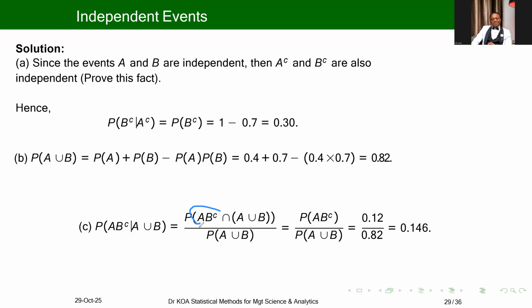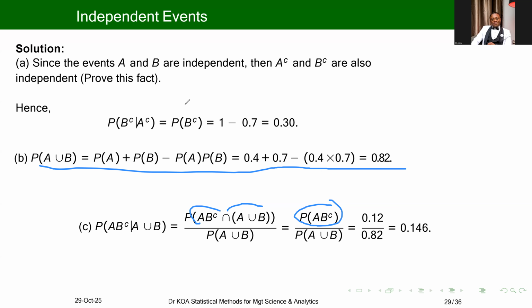Whatever is here is already in there, and therefore the whole thing boils down to this numerator, which is the A B complement. As for A union B, we already know it from here to be 82%. But what is A B complement?